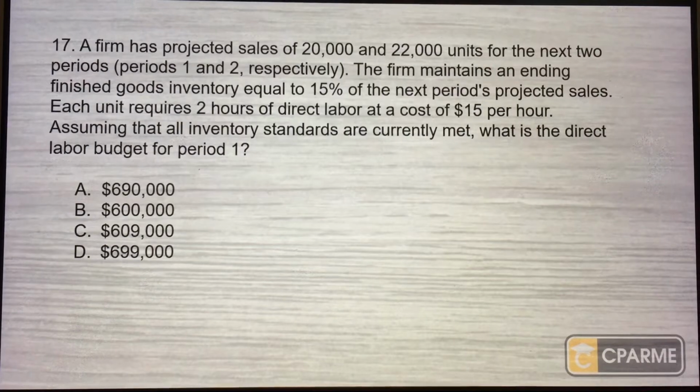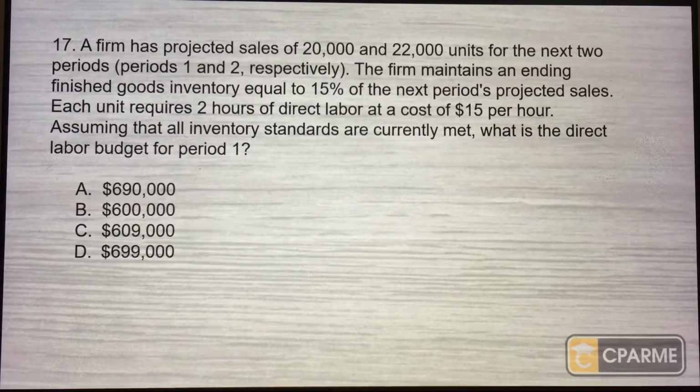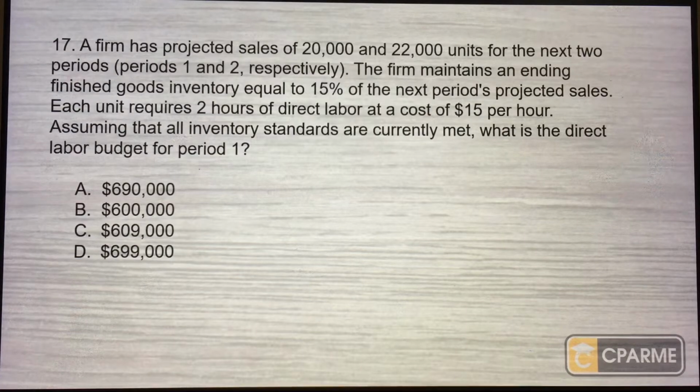You should start from the sales or the sold units, and then you come out with the total production units. Then you multiply by the standard input, or the direct labor hours required in manufacturing that product.